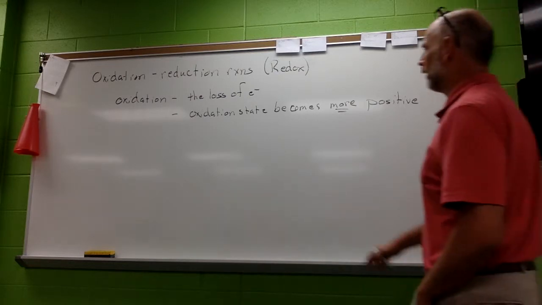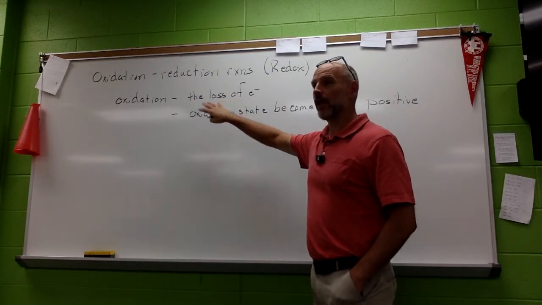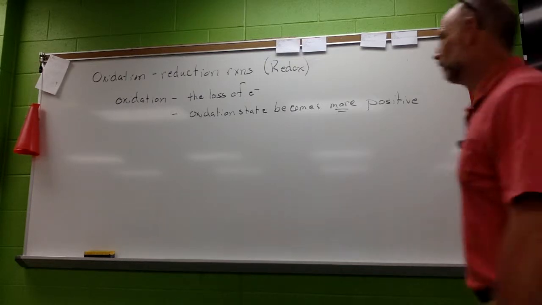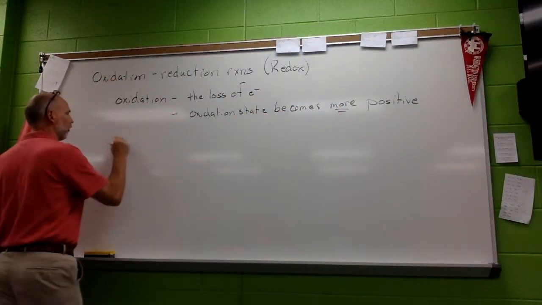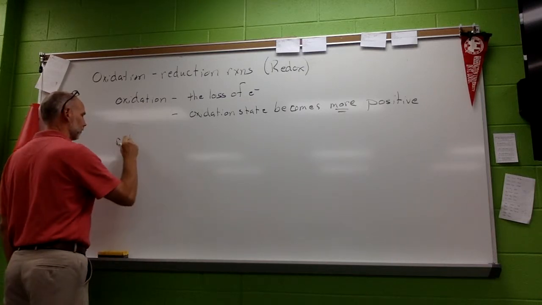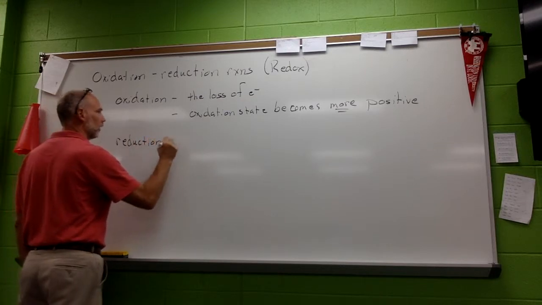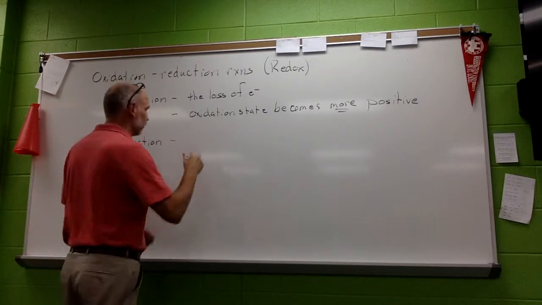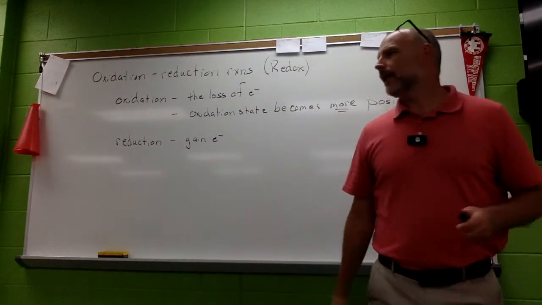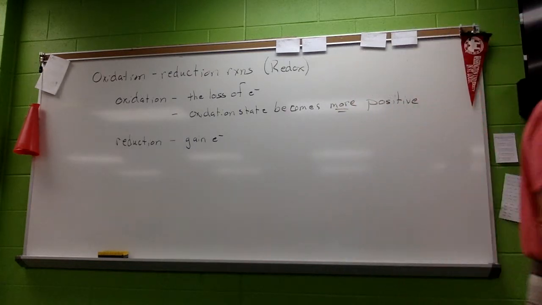Now, you hopefully understand why that's true, because we've lost electrons, and electrons have a negative charge. Okay. Well, I think you can figure out what goes on then with reduction. Obviously, that's going to be the gain of electrons. Those electrons have to go somewhere. It may not happen today, although it might. It's definitely going to happen tomorrow. We're actually going to use the transfer of electrons to help us balance the equation.